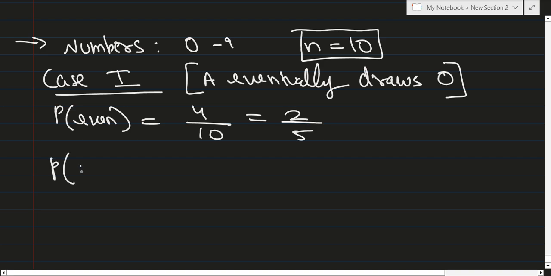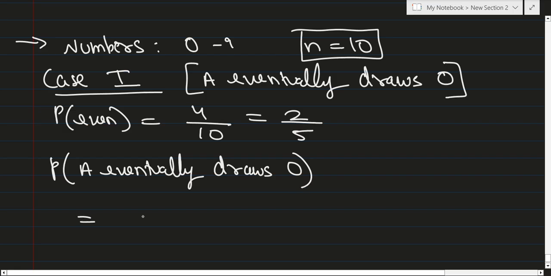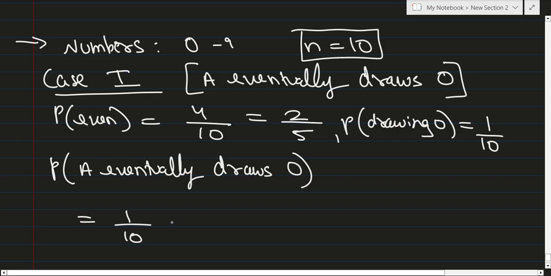Now the probability that A eventually draws 0. Now this is about understanding that A can draw 0 in the first attempt itself. So we have probability of drawing 0, that would be 1 by 10. So A can draw 0 in the first attempt.